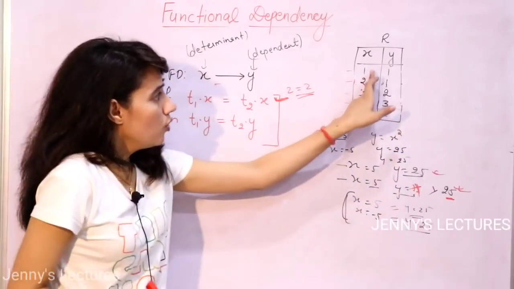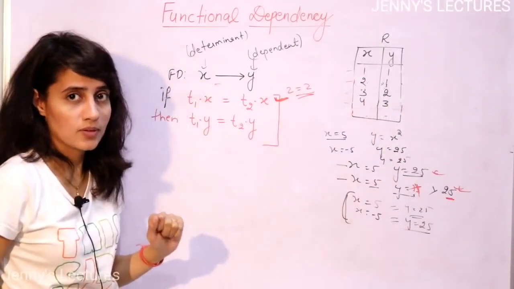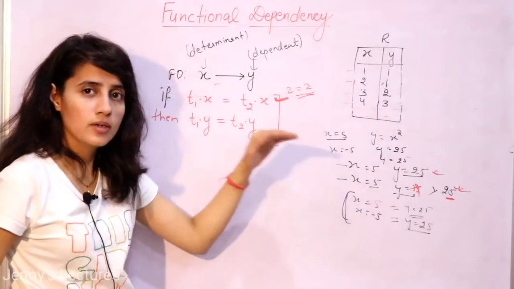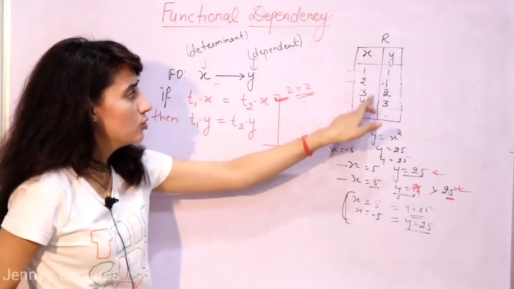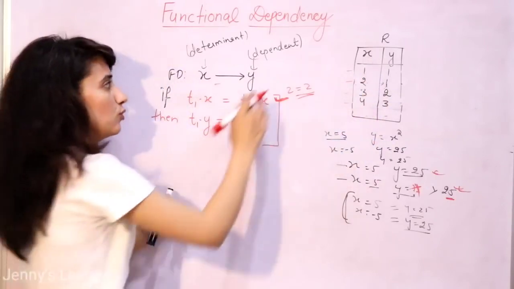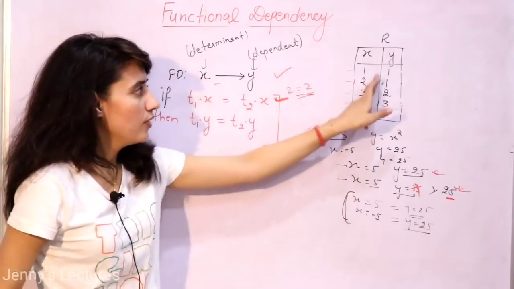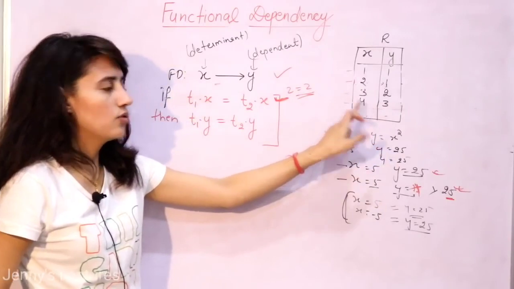It means no value of x is repeating in this case. If the value of x is repeating, then only we care about the value of y. But here every value of x is unique, so this would definitely be a functional dependency. If every value of x is unique, then we can definitely determine the value of y from x.